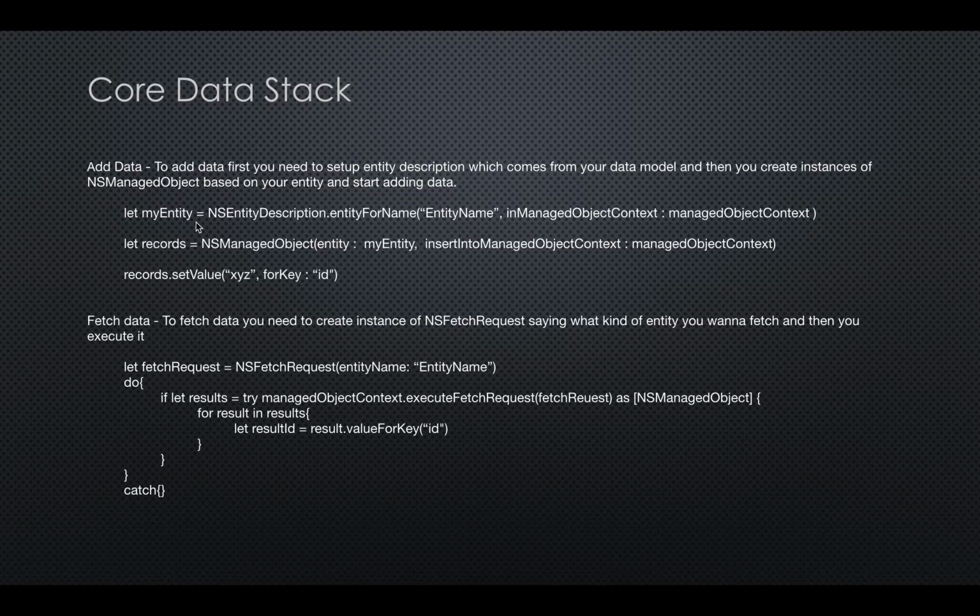So add data and fetch data, these two things are very common for CoreData. This is what you'll be doing. Even update is very simple. Instead of the same thing, you just overwrite the existing record, not adding a new record. So yeah.